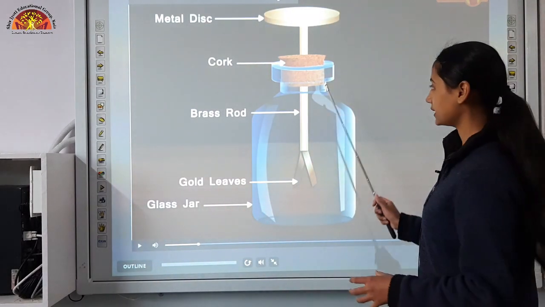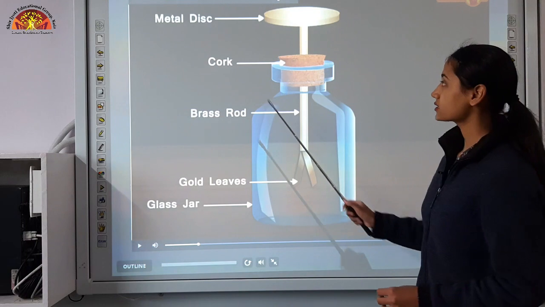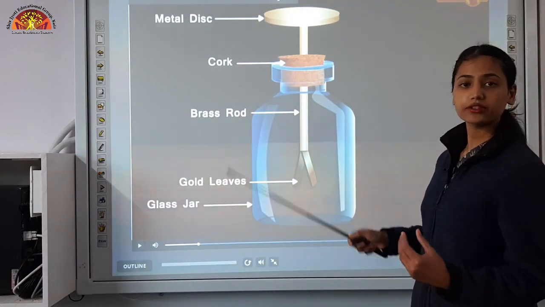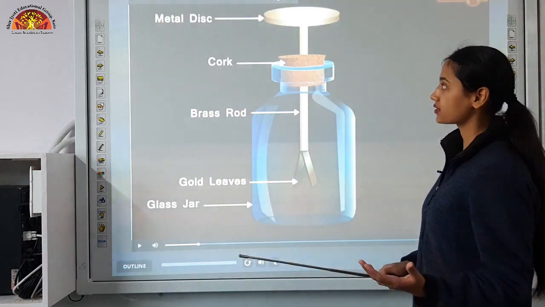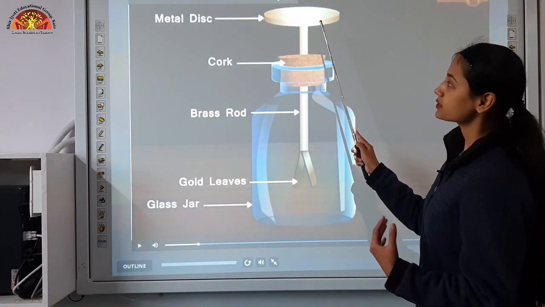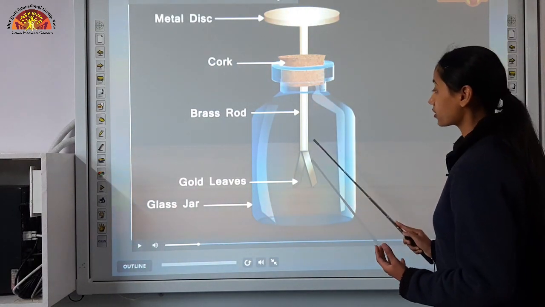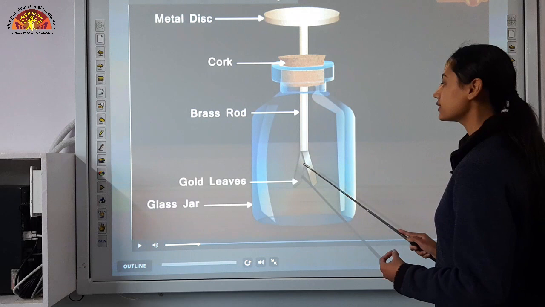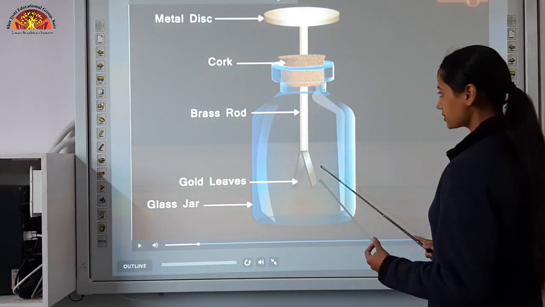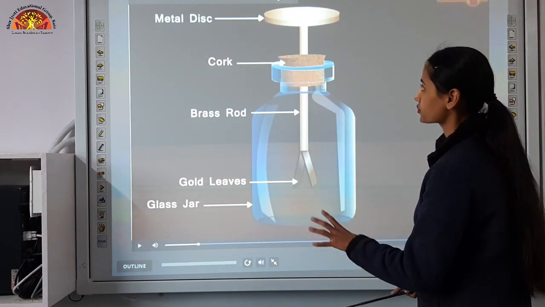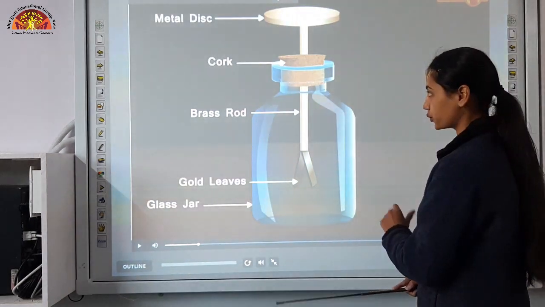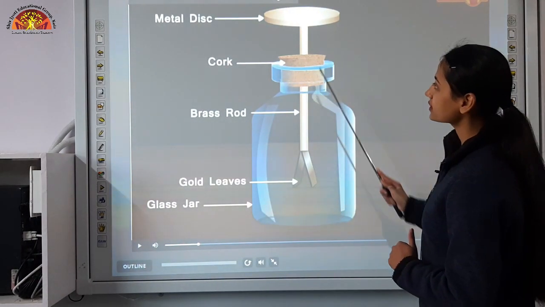What we need is a glass jar and a metal disc. The metal we are using is brass. So this brass disc, and this brass rod, at the end two gold leaves are used. That's why we call this type of electroscope a gold leaf electroscope, and a cork to fit this rod.